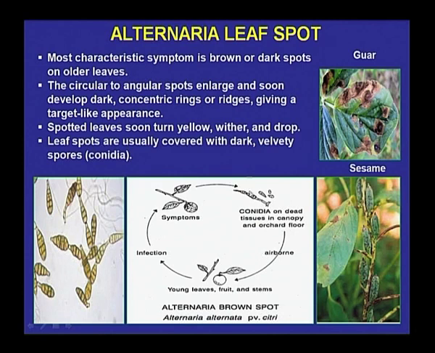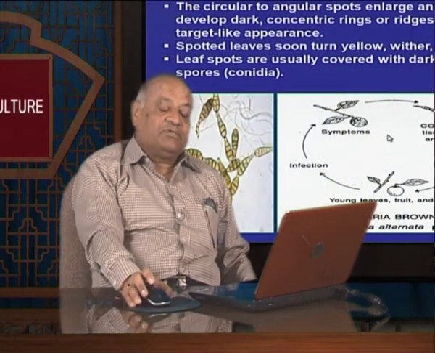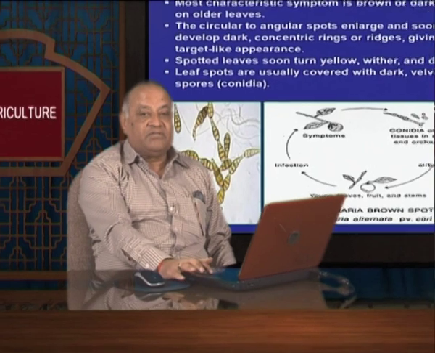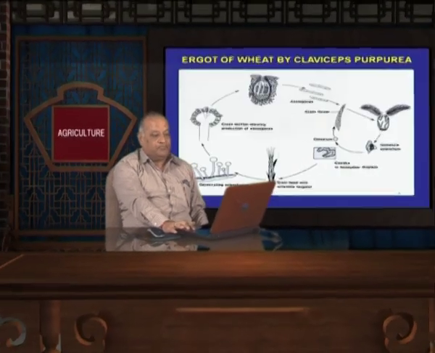They are airborne in nature and infect the young leaves, fruits and stems of citrus in this case, and again develop leaf spots and fruit spots, and on the stems brownish to blackish leaf spots of Alternaria, which again give rise to conidia. This type of life cycle is completed because in Fungi imperfecti there is no sexual reproduction, only asexual reproduction.